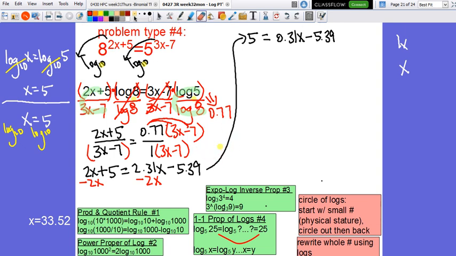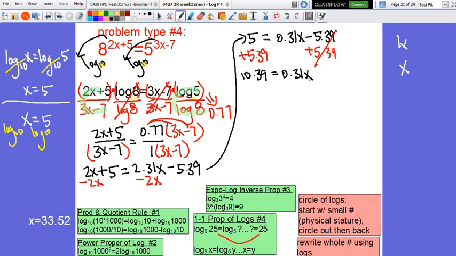And now I want to get the x by itself, so I'm going to add 5.39 to both sides. So plus 5.39 cancels, plus 5.39. And then you get 10.39 equals 0.31x.